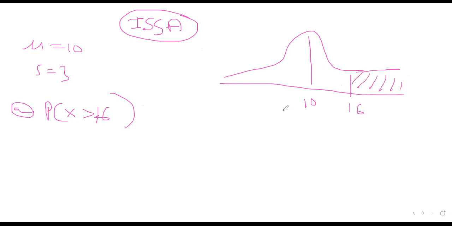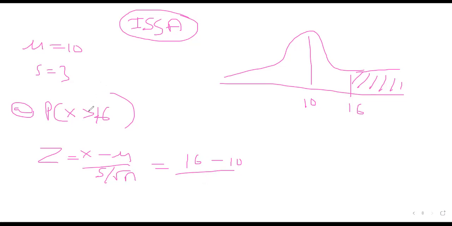Then we standardize. How do we standardize 16? Z is equal to x minus mu over standard deviation over square root of n. So our x is 16, sorry. Our mean is 10 over our standard deviation, which is 3.